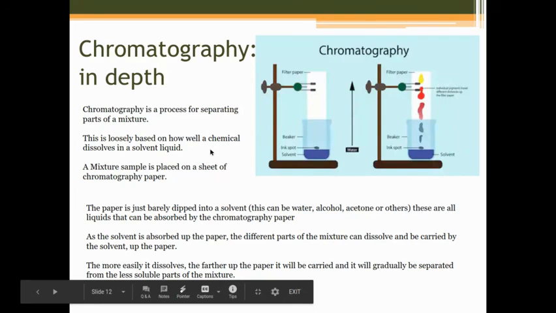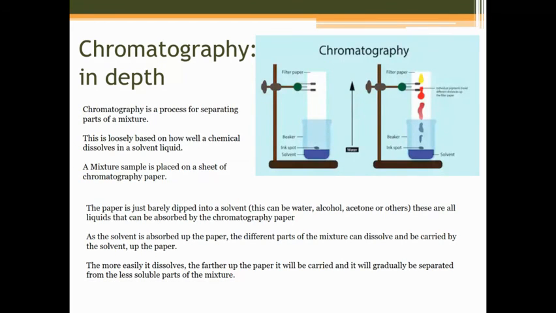So this is loosely based on how well a chemical dissolves in a solvent. A mixture sample is placed, a sample like this ink spot here in the image. This sample is placed on a sheet of chromatography filter paper, and the paper is just barely dipped into a solvent. Now, solvents can be varied.